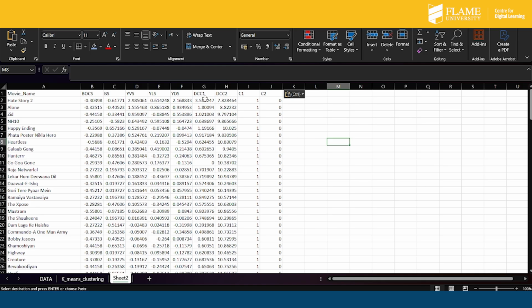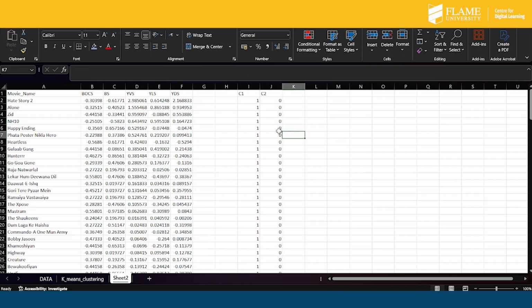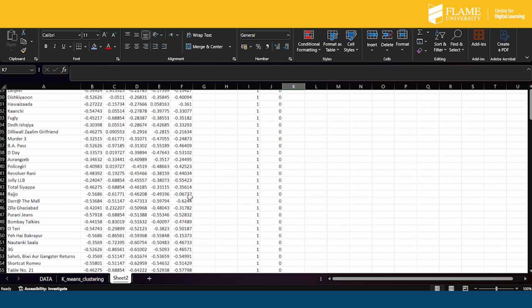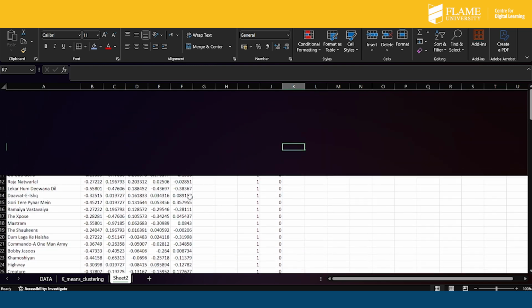Right now I have no need of this distance calculation, because our new centroid will be calculated, and based on that we again have to calculate our distance.